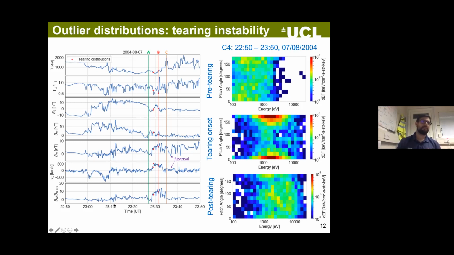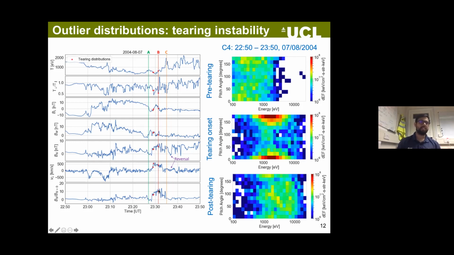Looking at this parameter plot here, we have B, which represents the tearing instability, and we find that after this is observed, we get an increase in temperature, which is expected from the simulations, and then it's followed by an isotropization, where you get a higher temperature distribution after the tearing instability than before the tearing instability.